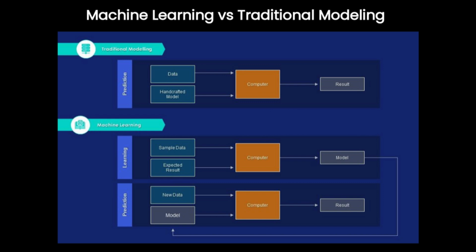The computer learns patterns from this data and automatically creates a model. Once the model is trained, we can give it new data, and it generates predictions without needing new rules every time. In simple terms, traditional programming tells the computer what to do, while machine learning allows the computer to learn how to do it from data. This ability to learn and adapt is what makes machine learning so powerful.